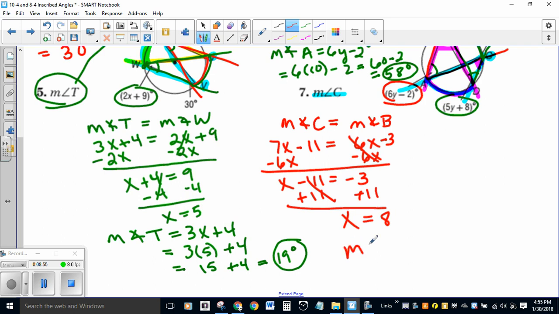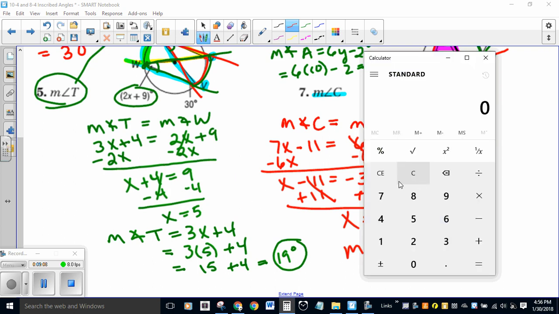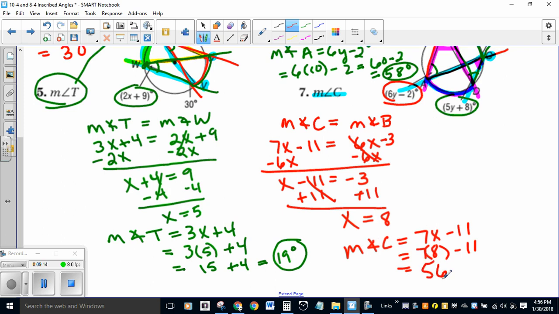To find the measure of angle C, I plug it back in. So I plug it into 7x minus 11. So I'm going to have 7 times 8 minus 11. So I'm going to have 56 minus 11 is equal to 45 degrees. And that is my answer.